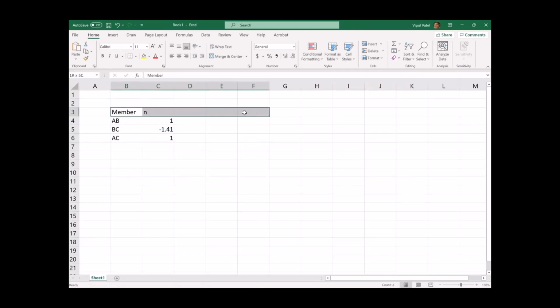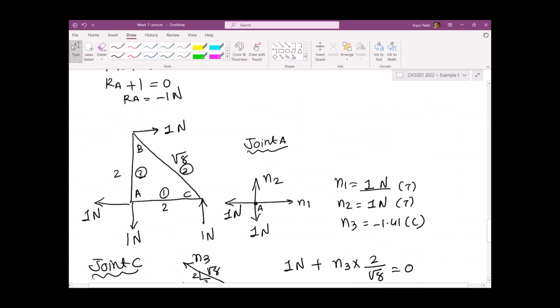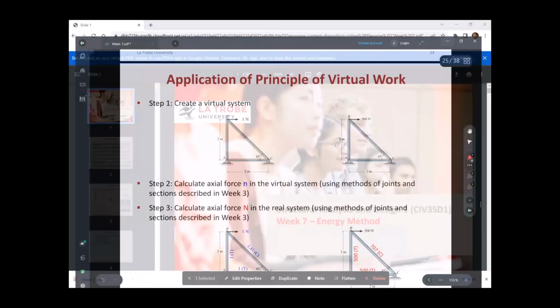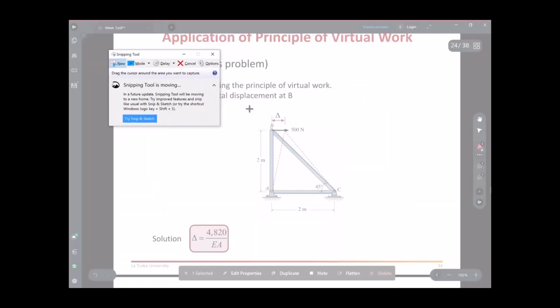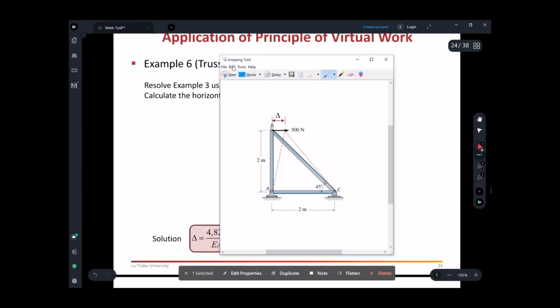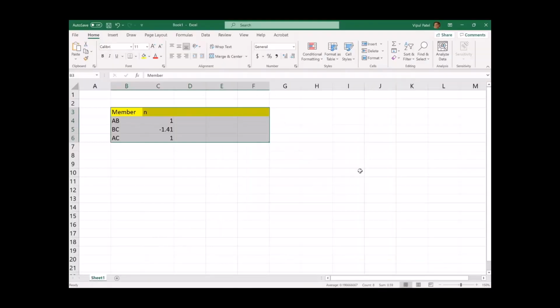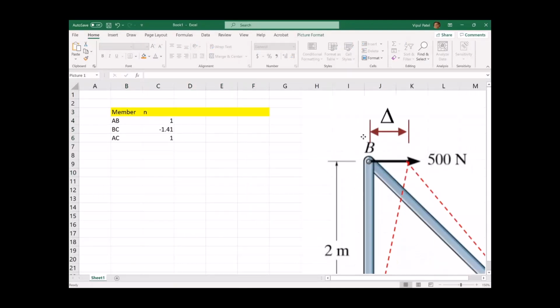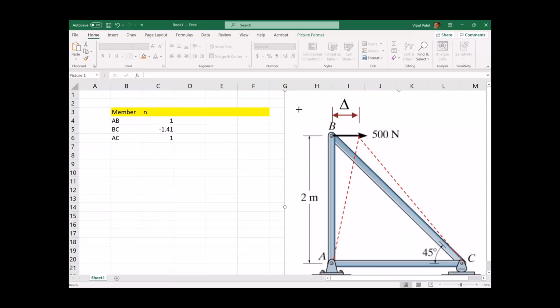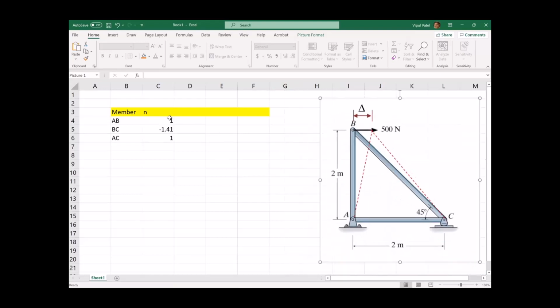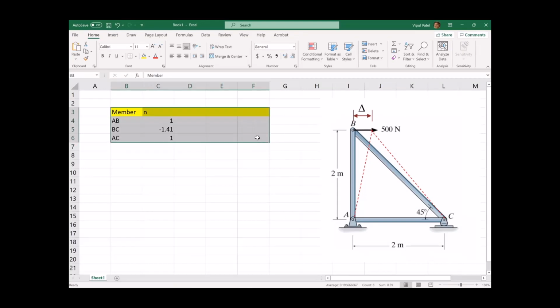Let me put this one in some dark color, and let me grab this example here so we know what we are talking about. So this capital N is done.